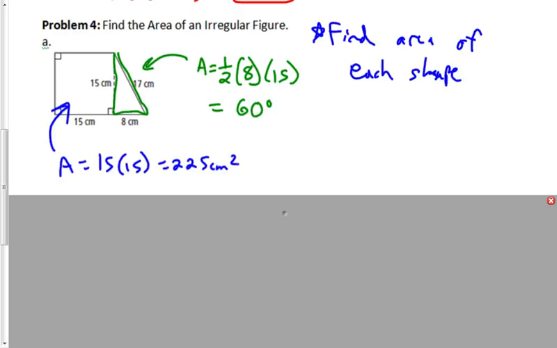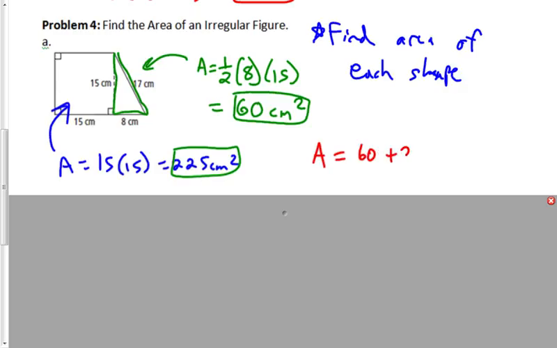I'm sorry, I added an extra little thing there. 60 centimeters squared. Now, since those are our two smaller parts, we add them all together. The area of the whole thing equals 60 plus 225, which is equal to 285 centimeters squared. So that is the entire shape.